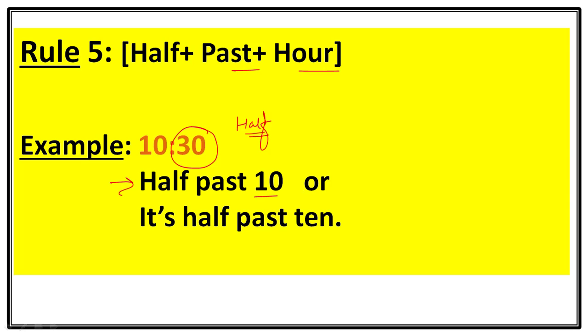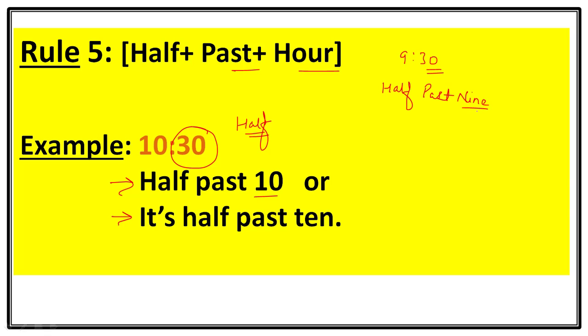For 30 you have to use half, or you can also say it's half past 10. Suppose you have to tell 9:30. How will you say? You have to say it's half past 9. It's very simple.